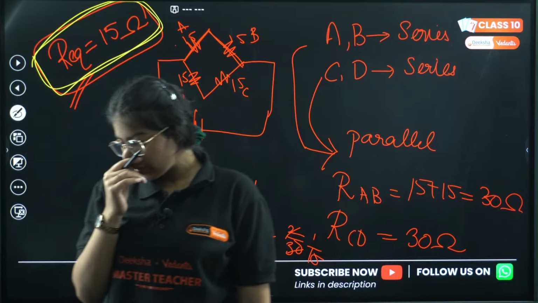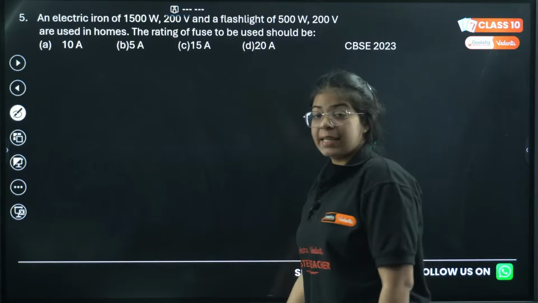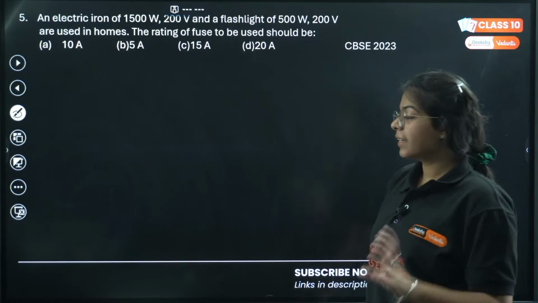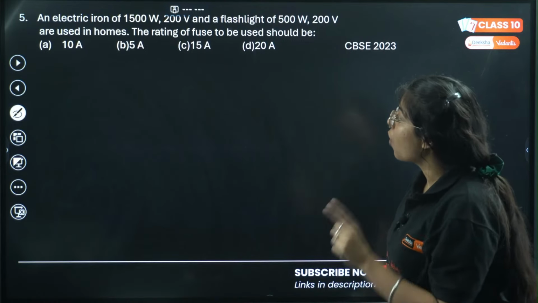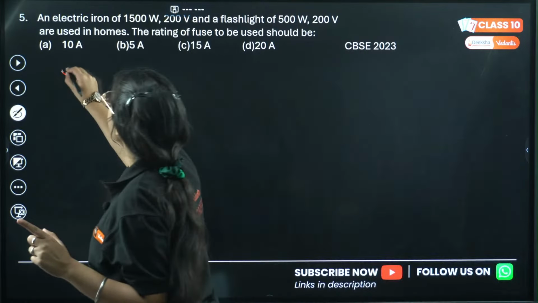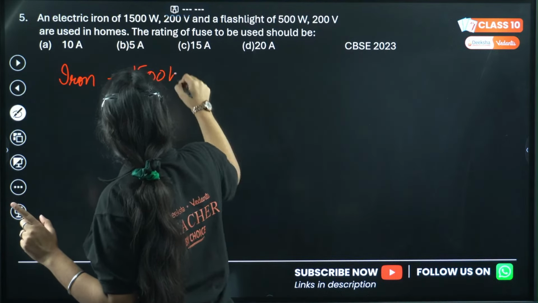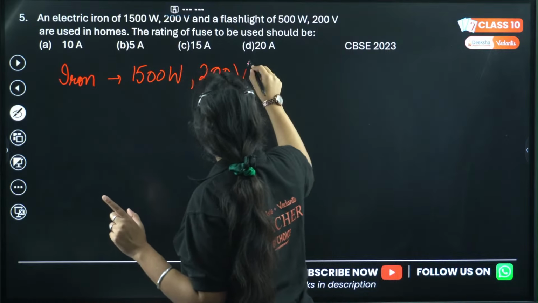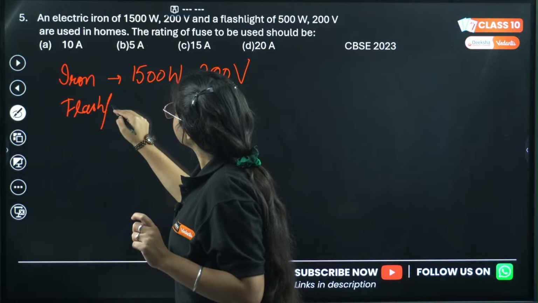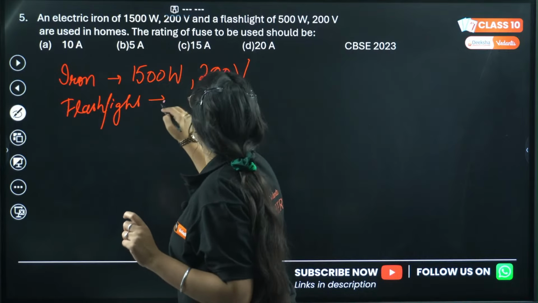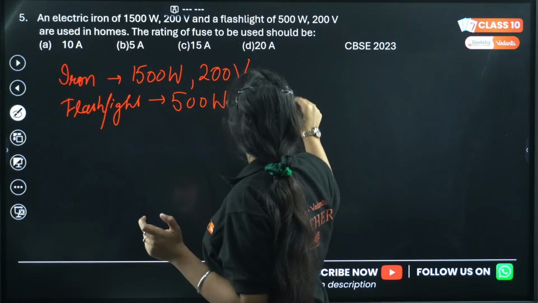Let's move on to the next question. The fifth question says, read it carefully: an electric iron of 1500 watt and 200 volt and a flashlight of 500 watt and again 200 volt are used in homes.